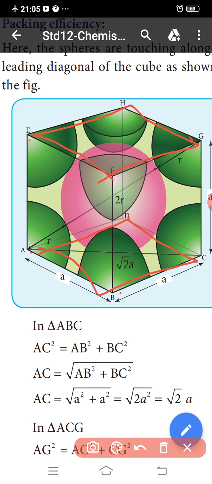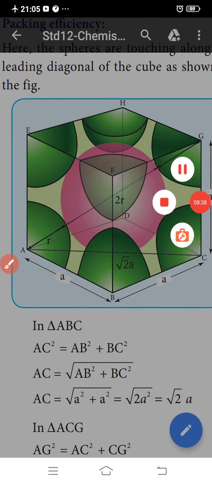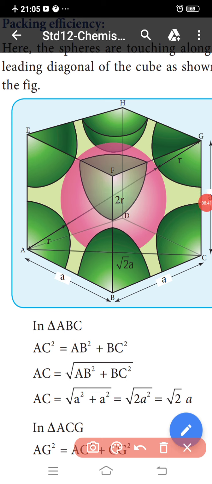Then AB is root 2 into A. Okay, so the next one, AC is root 2 A. So the AG value is 4R: this is one atom with radius R, the middle atom has diameter 2R, and the other halves add R on each side, so 2R plus R plus R is equal to 4R.